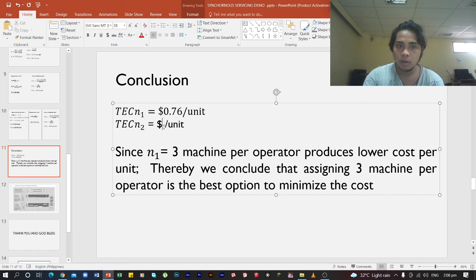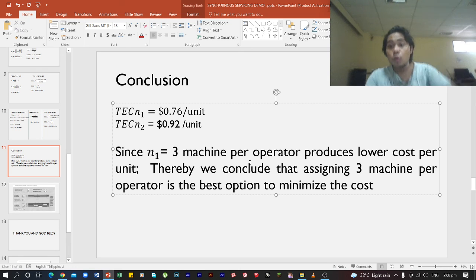So since N1 equals 3 machines per operator produces a lower cost per unit than the other option of 4 machines, we conclude that assigning 3 machines per operator is the best option to minimize the cost.